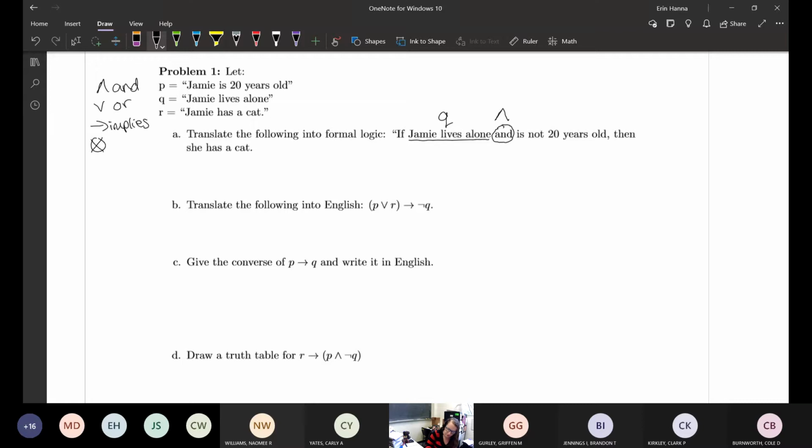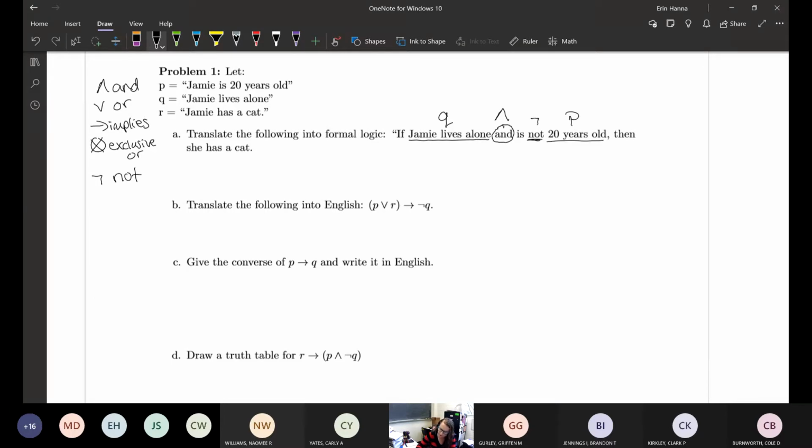We have an exclusive or that we don't use a lot. That's the one where it's one or the other, but not both. I feel like I'm missing something. We're missing not. I think that's it. Anyway, so we have Jamie lives alone and is not, so not 20 years old.